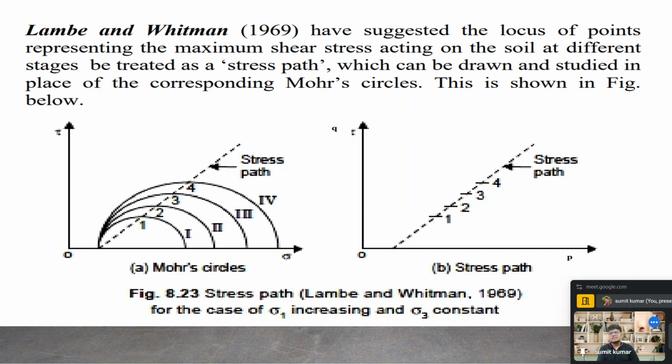You can see the stress path is shown. The Mohr circle is considered with sigma 1 and sigma 3, and on that basis we plot the sigma tau graph in figure 8.23A, and in figure 8.23B the stress path is represented, with point 1, point 2, point 3, point 4. In this manner, we are able to form the stress path.